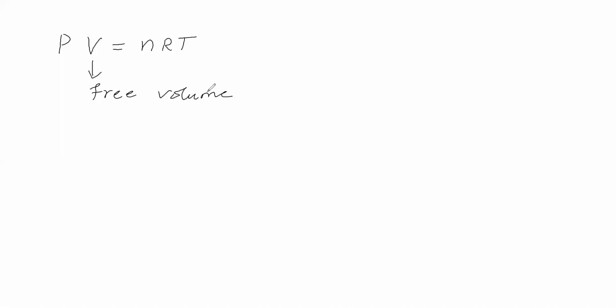It is the volume available for each gas molecule for complete free movement, without any obstacles. This is the volume available for free movement, and it is called free volume. In the ideal gas equation, PV = nRT, this V is the free volume.